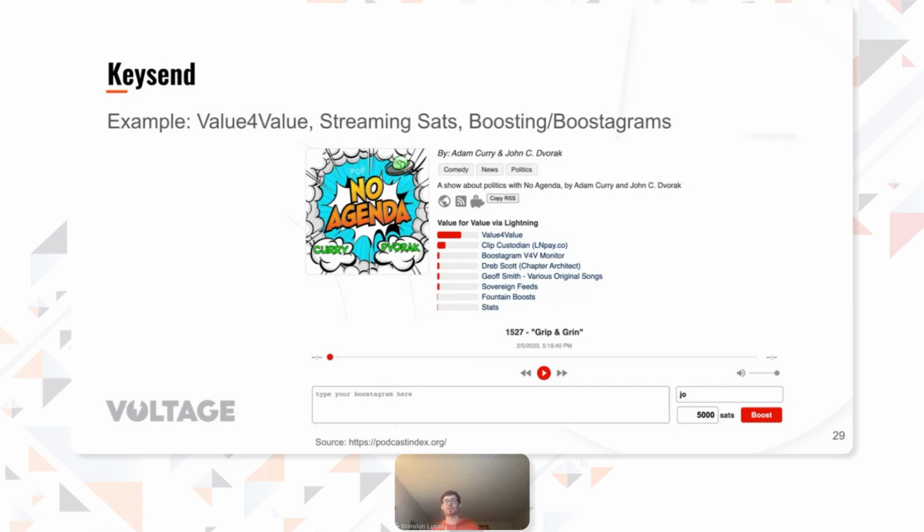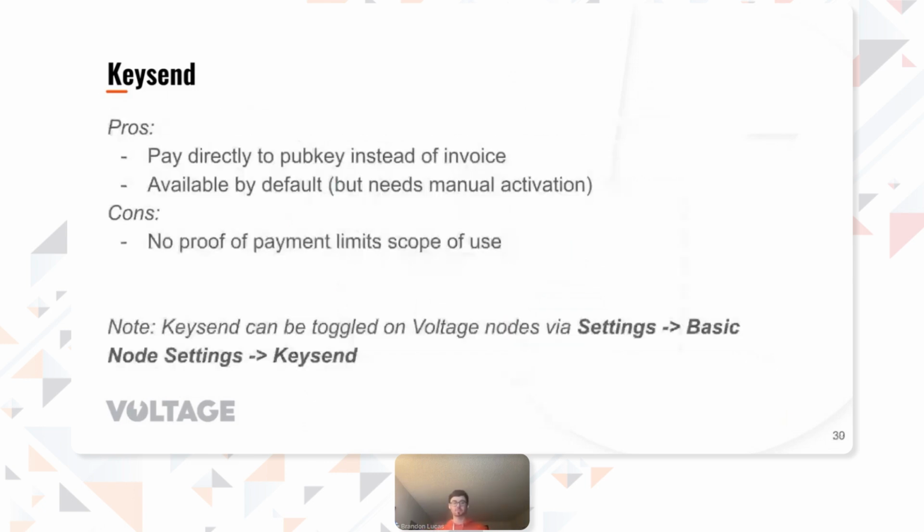But here you can see on Podcast Index, you can boost at any given moment while you're listening to a podcast. You can send a certain amount of Satoshis just directly at any time to the content creator. And a boostagram would be if you do a boost, but you send a message along with it, because Keysend has that capability. So these are kind of some of the use cases for Keysend.